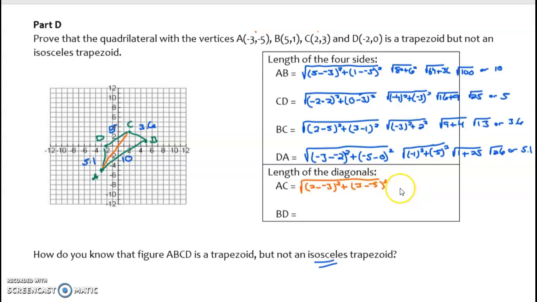All right, so double sign. So that's 2 plus 3, which is 5 squared, plus 3 plus 5 is 8. So we're going to get 25 plus 64, which is 89. And let's take the square root. 9.4.